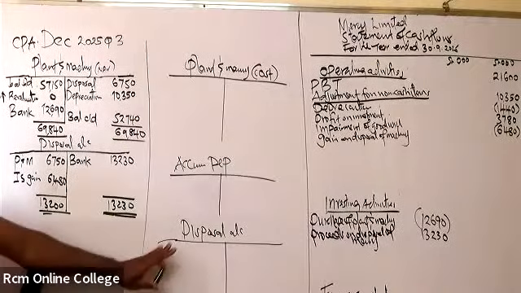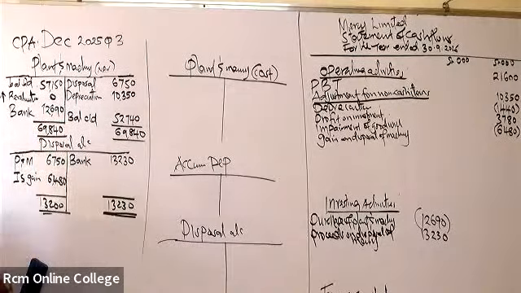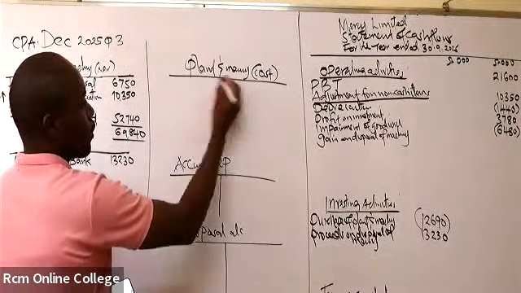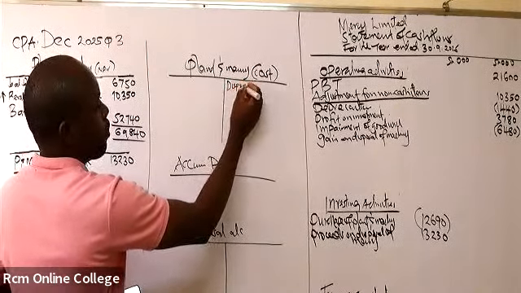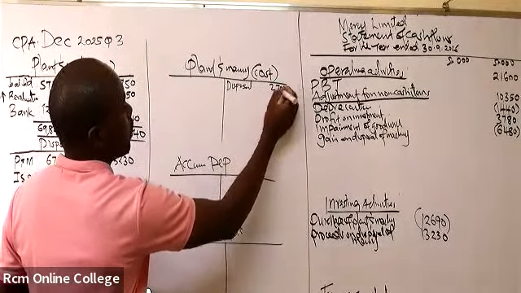Good. I want to attack the disposal account, but working with the cost. The first thing, we are told that this machinery that is being disposed, its cost was 27,000. So as we have the cost, we dispose at a cost of 27,000.